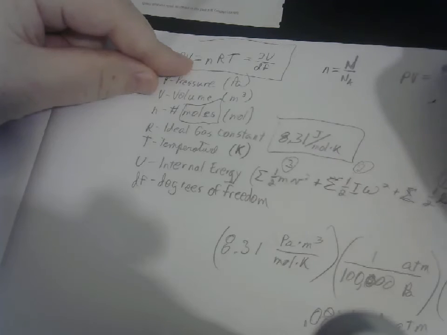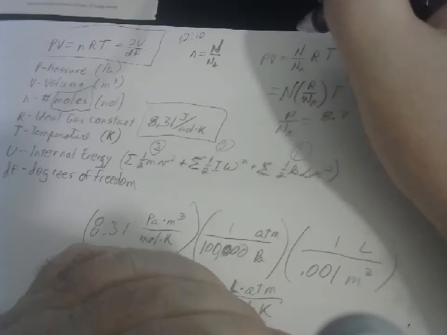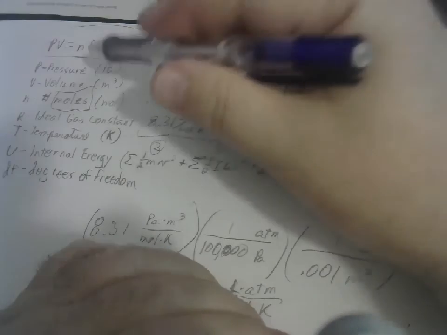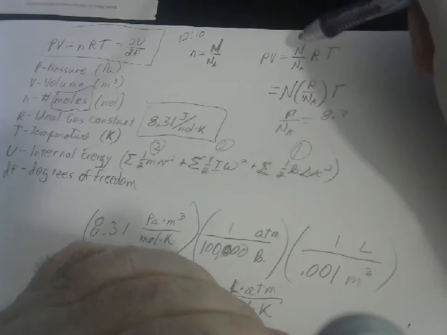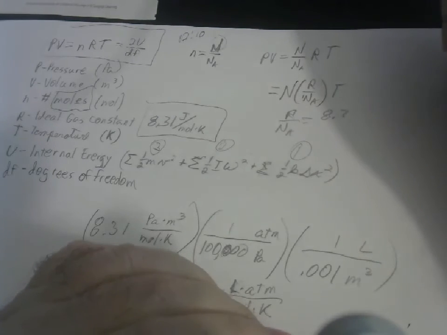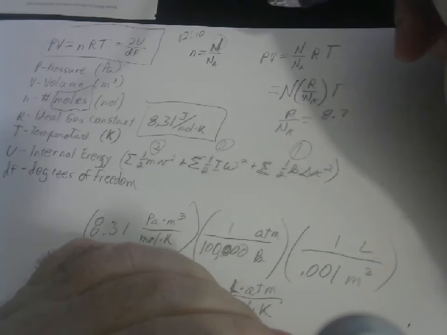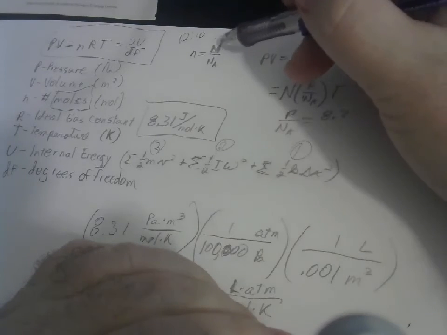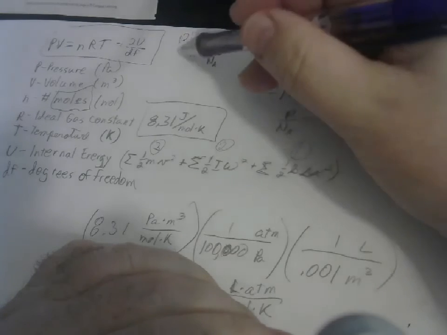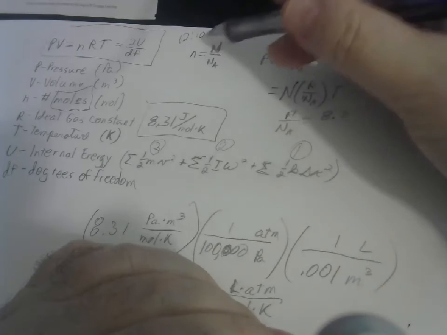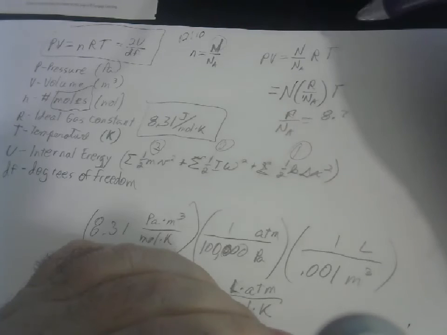So I'm just going to replace n with N over N sub A. What if I wanted to take the PV equals nRT and keep track of the number of particles instead of the number of moles? The number of particles is Avogadro's constant times the number of moles, so n equals capital N over N sub A.